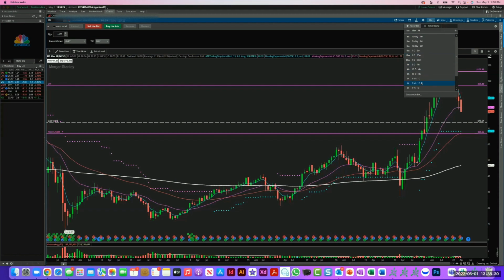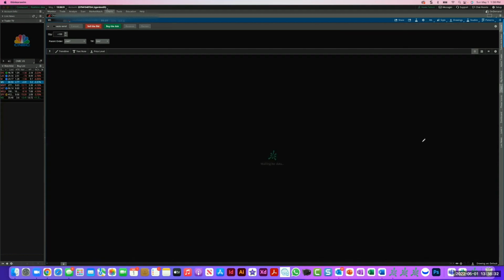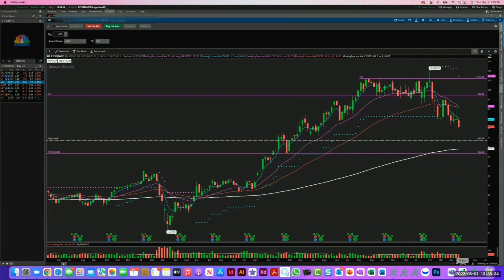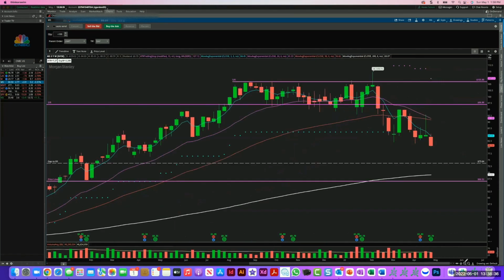So now looking at a weekly chart for Morgan Stanley. Here is a spinning top. And here we've got a spinning top, but we've got Morgan Stanley bouncing off of or getting rejected off the 5-day EMA.